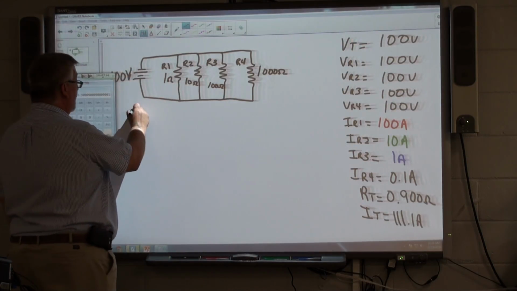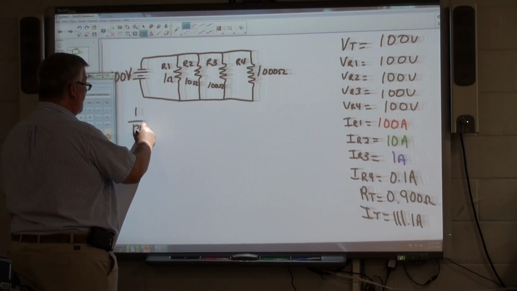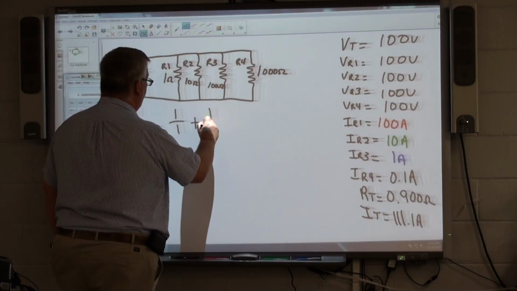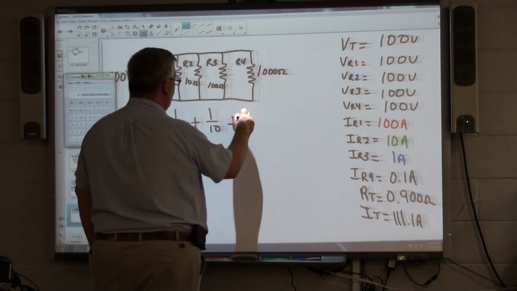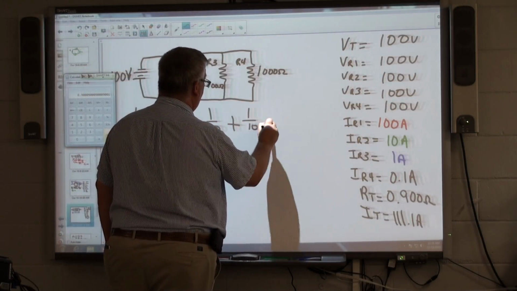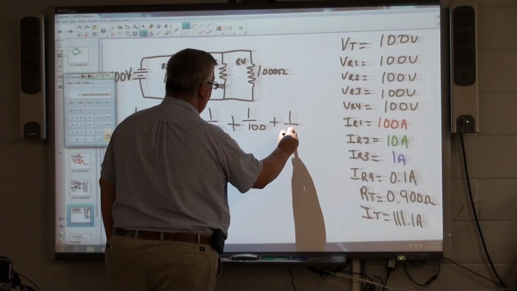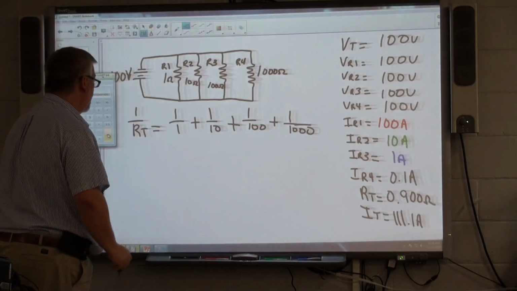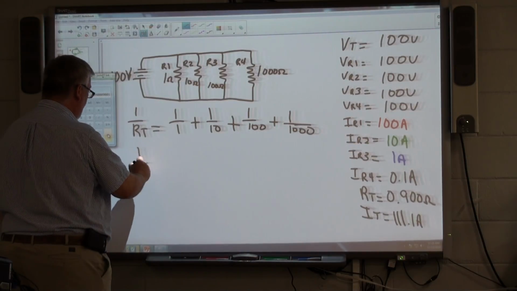So let's see if that works if we math it. 1 over RT equals 1 over 1 plus 1 over 10 plus 1 over 100 plus 1 over 1,000. What is my common denominator? 1,000.